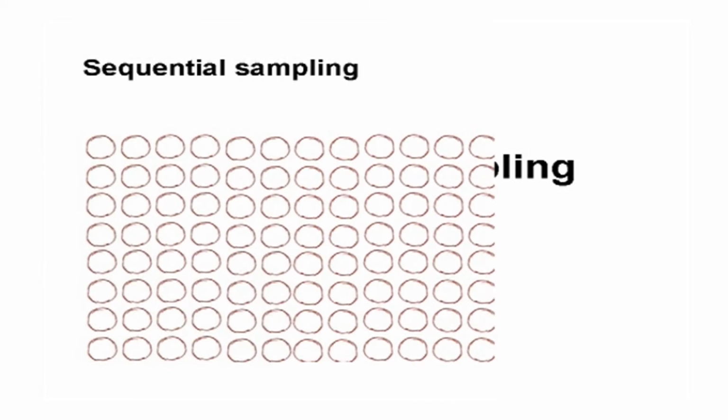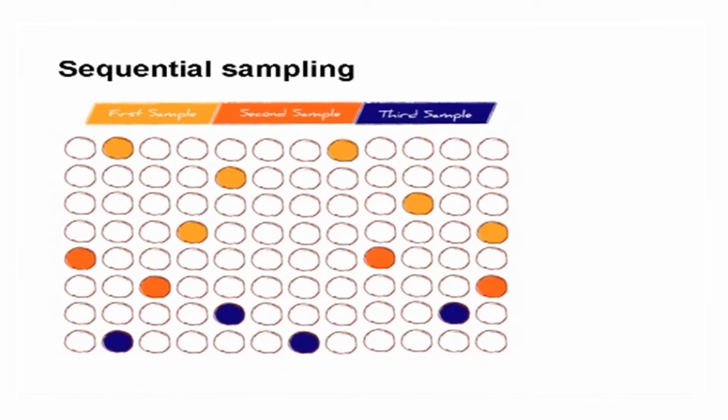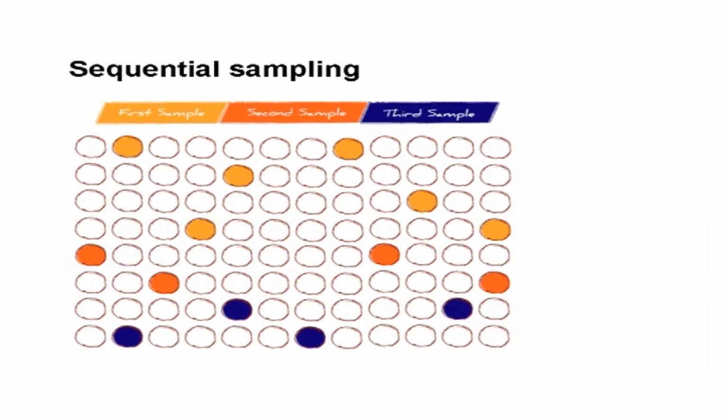The next type of probability sampling is sequential sampling. In sequential sampling, the size of the sample is not fixed in advance, but a decision rule is stated before the sampling begins. At every stage, analysis is carried out and a decision is taken as to whether further sampling is required or not.